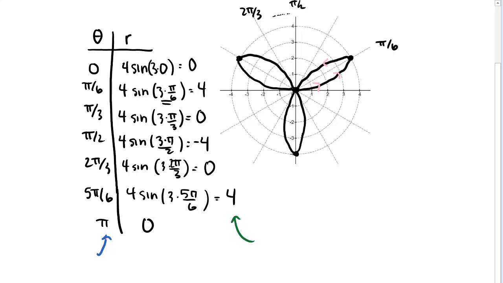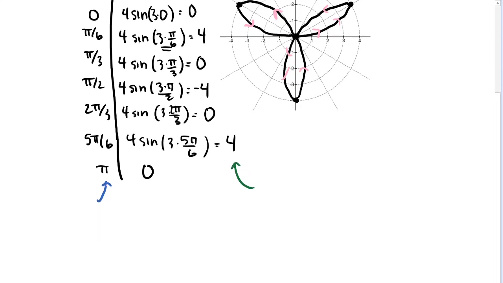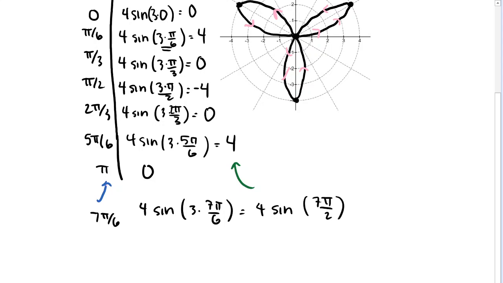But one thing I want you to notice is that, for example, at 7 pi over 6, we get a -4 as an output, right? So we plug in 7 pi over 6. This is 4 times sine of 3 times 7 pi over 6. This is equal to 4 times sine of 7 pi over 2.